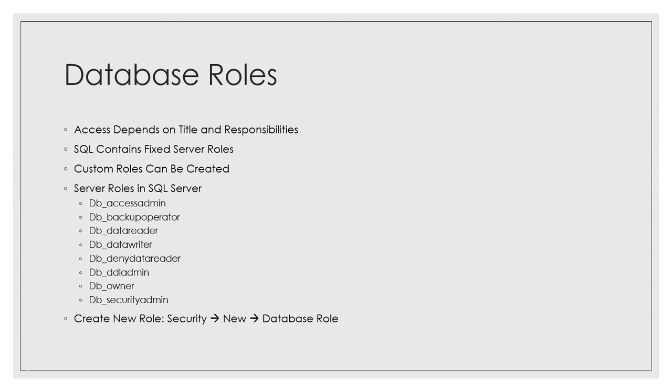And then db_owner can perform any action within the database that has not been specifically denied. So as long as you haven't been denied permissions, you can perform any action when you have db_owner. And then db_securityadmin, you can grant, deny, and revoke user permissions to securables, and can add or remove role memberships with the exception of the db_owner role.